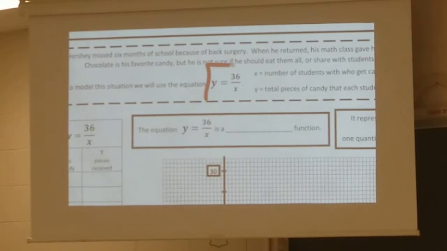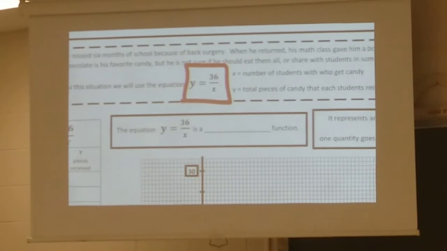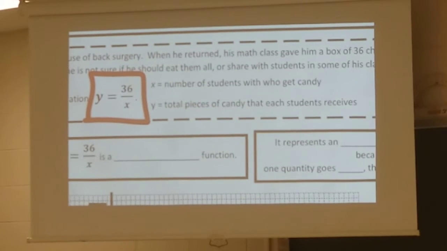This equation you see here, y equals 36 over x. Now, as you look at this equation, it's obviously a fraction, but it's really just a simple division problem, because if x is going to be the number of students that get the candy, then I'll divide by x. And then y will be the total number of pieces that everybody gets.